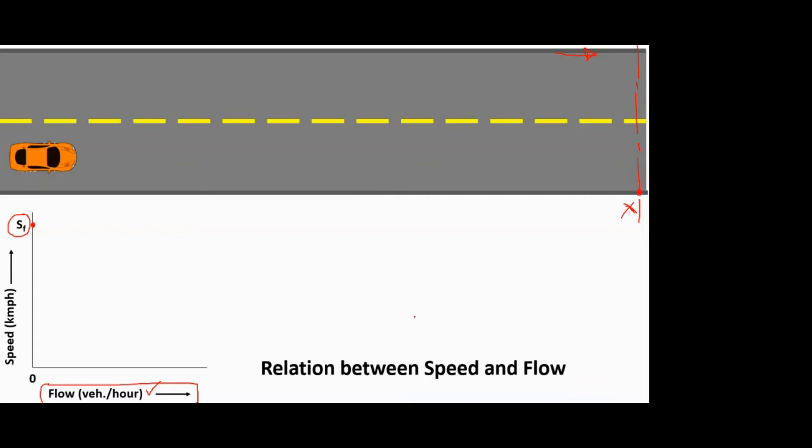Even though there is a vehicle on that stretch, it has not passed the point of consideration, and flow is nothing but the number of vehicles passing a particular point within a given time interval. Passing a particular point is very important to understand the concept of flow. Unless your vehicles pass that point, they are not counted into the flow.